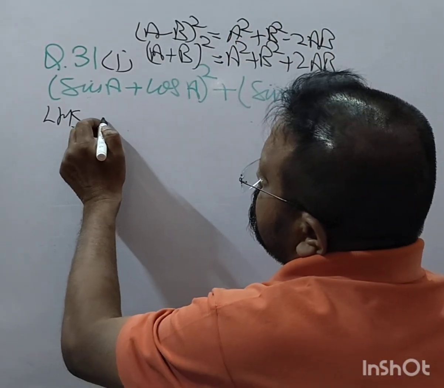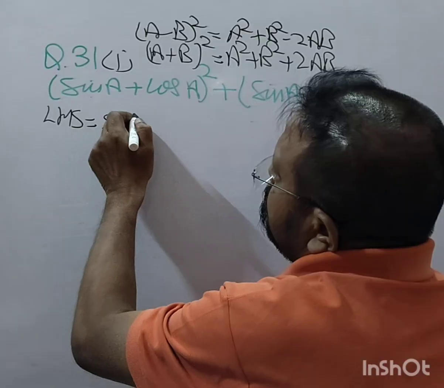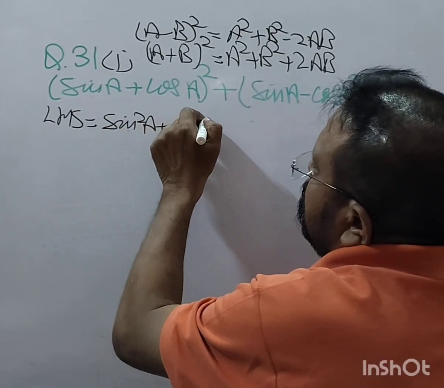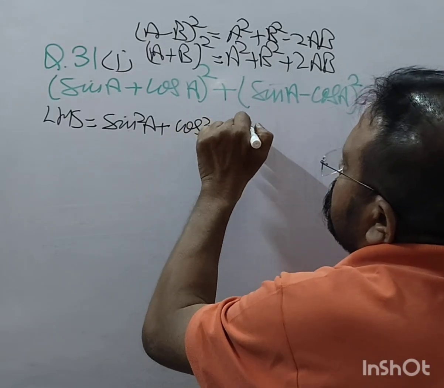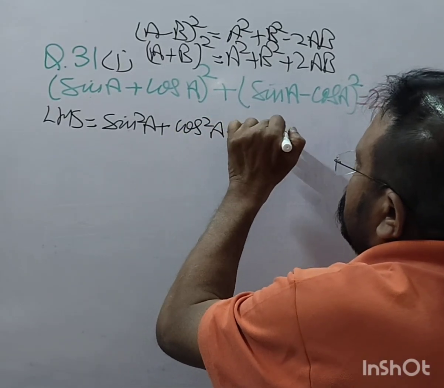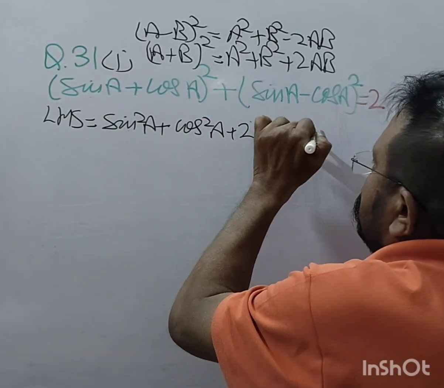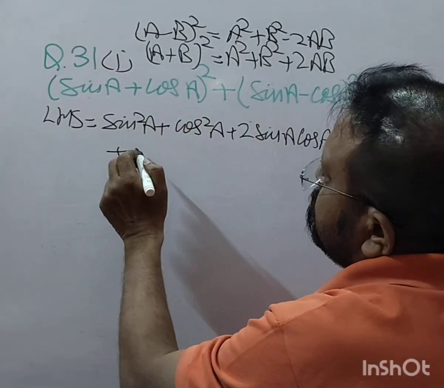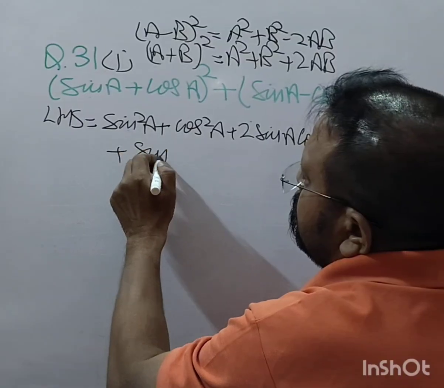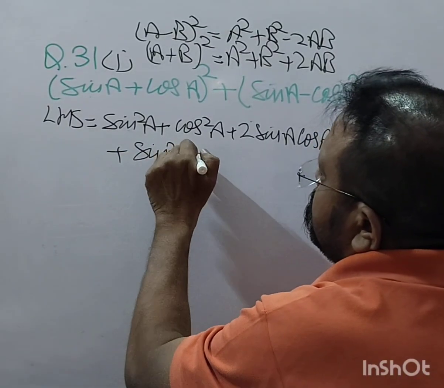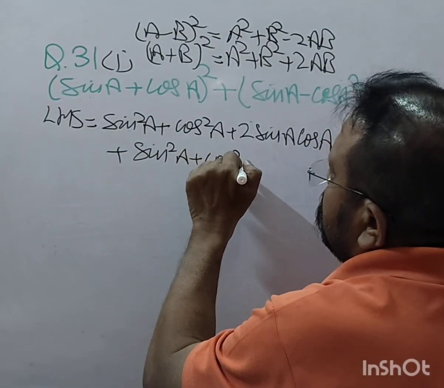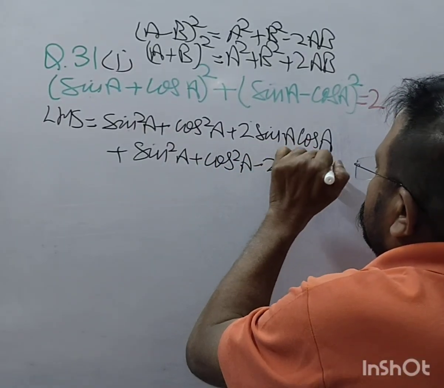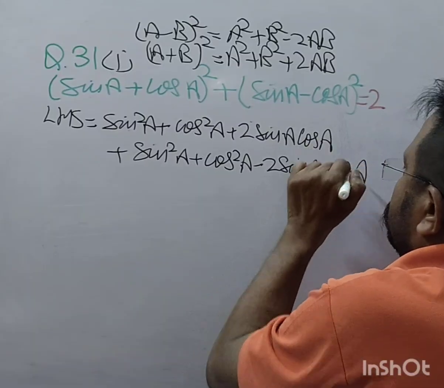So LHS is sin square A plus cos square A plus 2 sin A cos A, plus sin square A plus cos square A minus 2 sin A cos A, right?